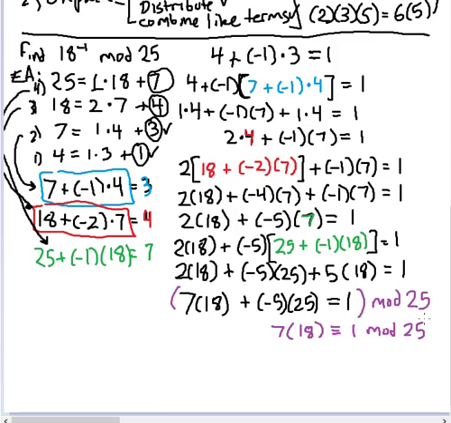If you're not, think about it. We were trying to find the inverse of 18, meaning we wanted to find what times 18 gives you 1. We did it. It's 7. So 18 inverse is 7 mod 25, and 7 inverse, not that we care, is 18 mod 25.